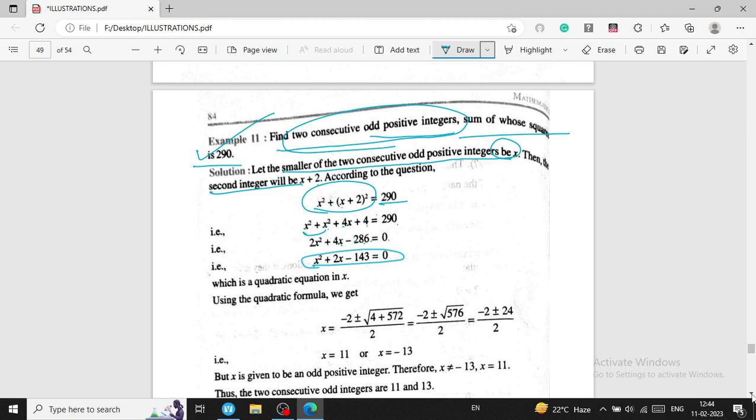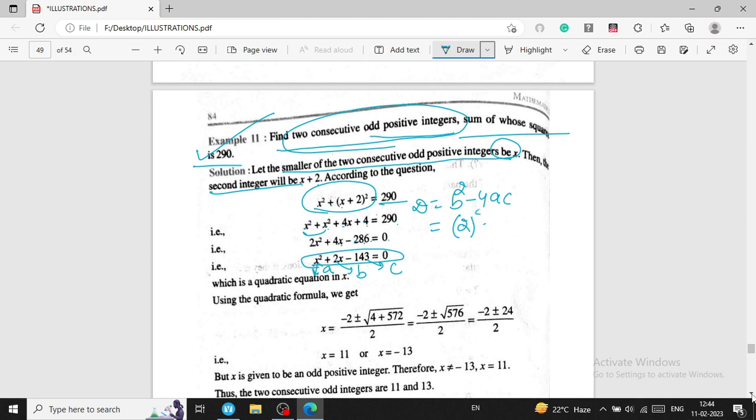Now you have to make factors. If you cannot make factors here, then you can use the discriminant formula. The discriminant formula is D equal to b square minus 4ac. Here b is 2, this is called b, this is called c, and this is called a.